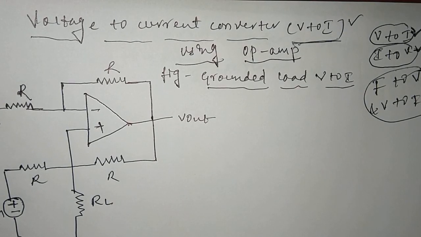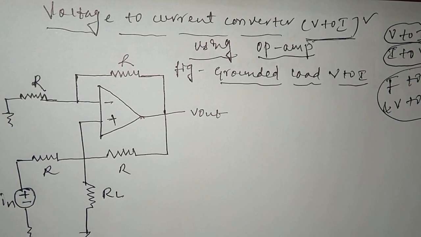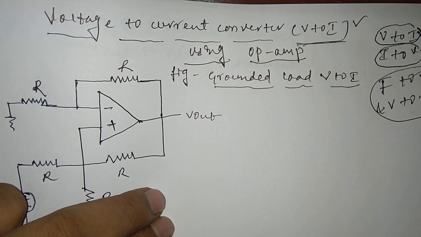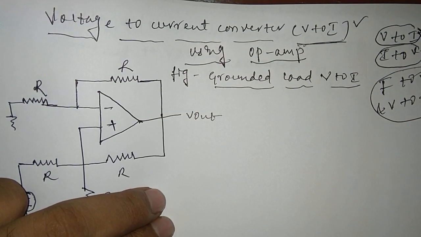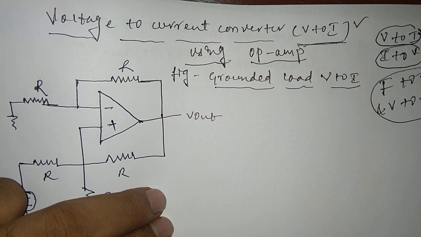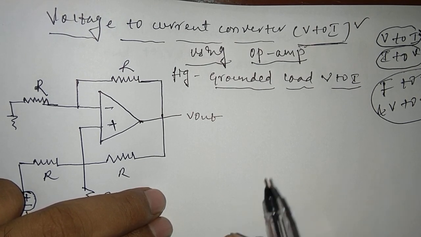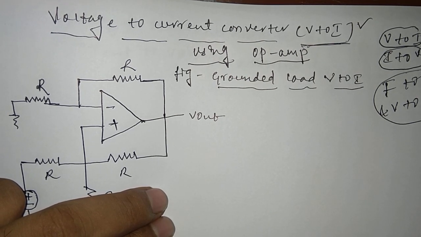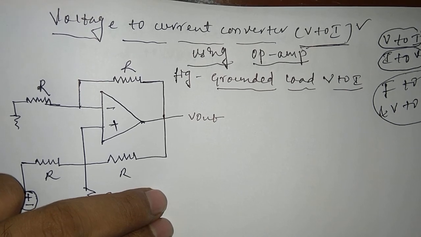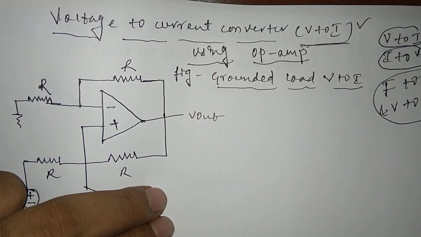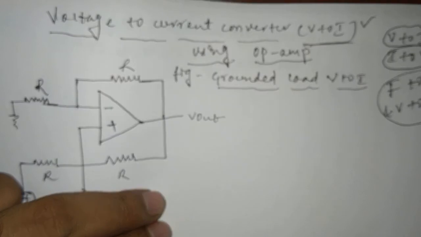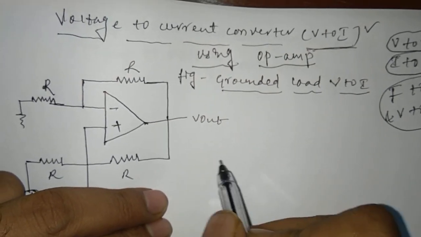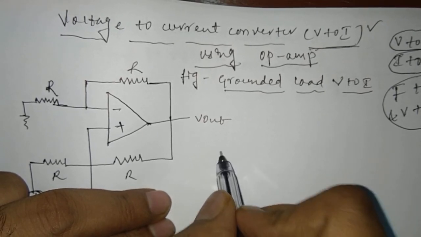Now say, for example, coming to the voltage to current converter: in an industry you are measuring the value of a temperature by using a sensor. This temperature is recorded in terms of voltage, and this voltage has to be transmitted via cable.